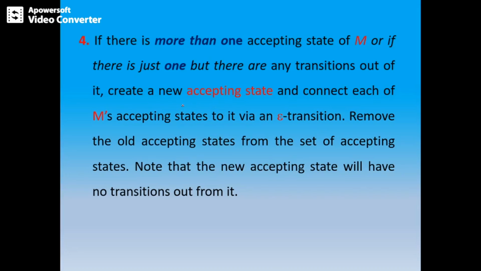That is why, if there is more than one accepting state, or an accepting state with a transition going out of it, you create a new accepting state, connect the existing accepting state to it via an epsilon transition, and convert the old accepting state to a non-accepting state. Those are the things you are going to do.